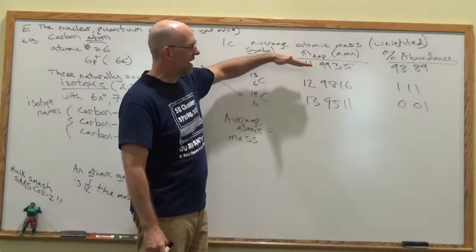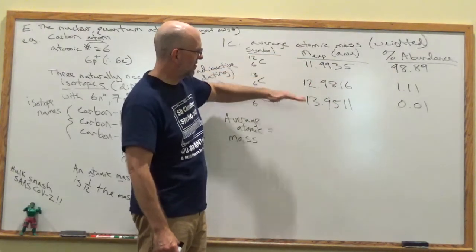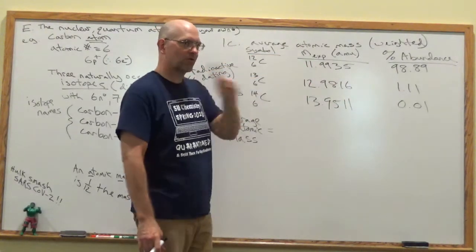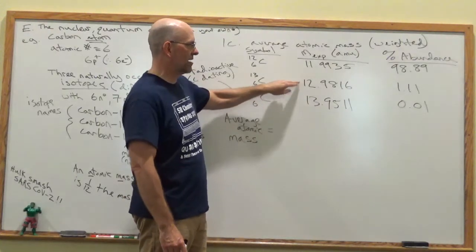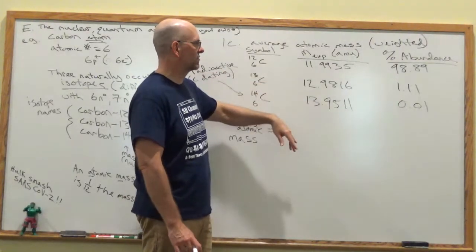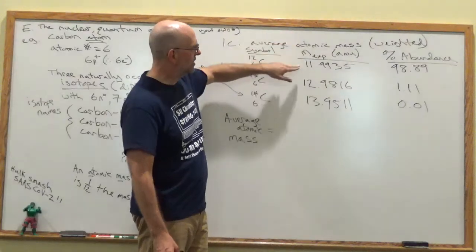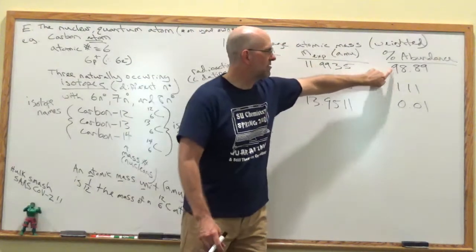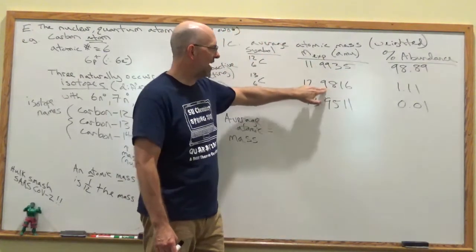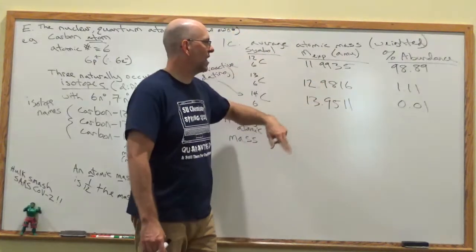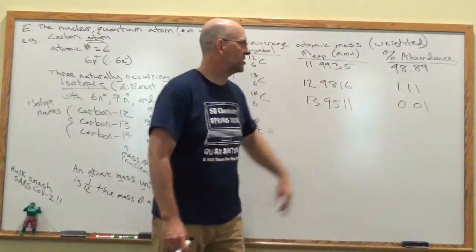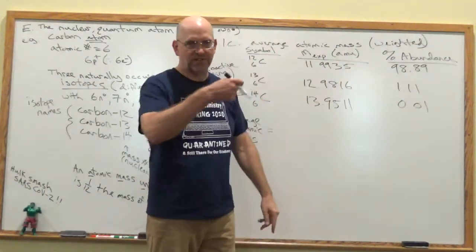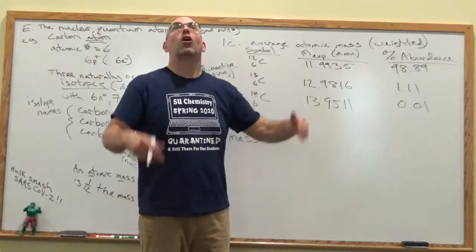If this was a mathematical average, I would take this plus this plus this and divide by 3. That gives you the wrong answer, because that's going to give you an answer around here, which is not the atomic mass of carbon. So the way you do it is you take the mass times the percentage, plus the mass times the percentage, plus this mass times this percentage, and then to get rid of the percentages, you divide your answer by 100.